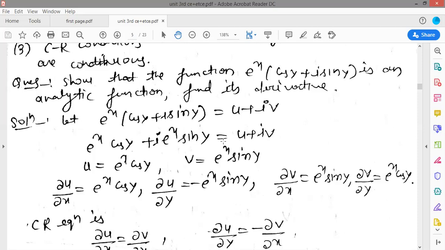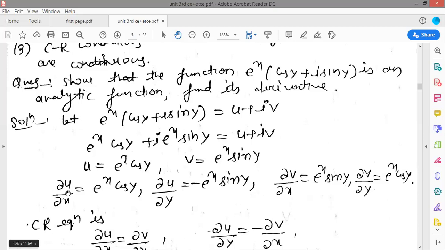On comparing both sides, we get u as the real part and v as the imaginary part. We need the CR equations, which involve ∂u/∂x, ∂u/∂y, ∂v/∂x and ∂v/∂y. These are partial derivatives, so we just need to find all of them.